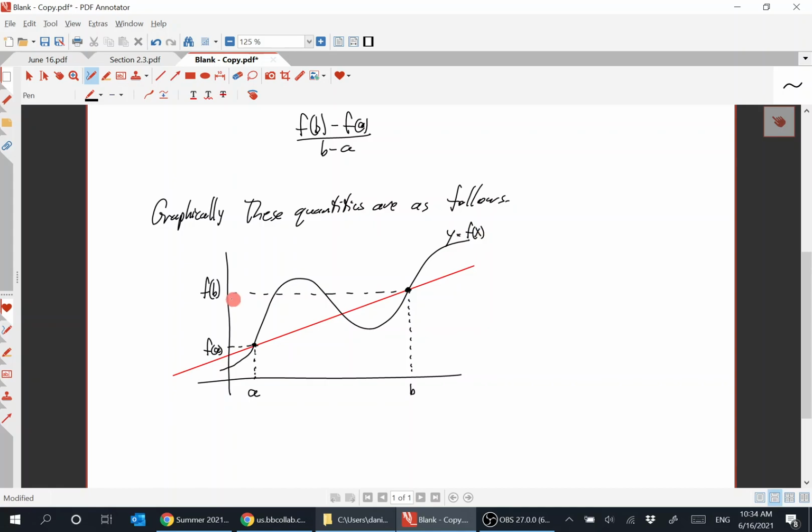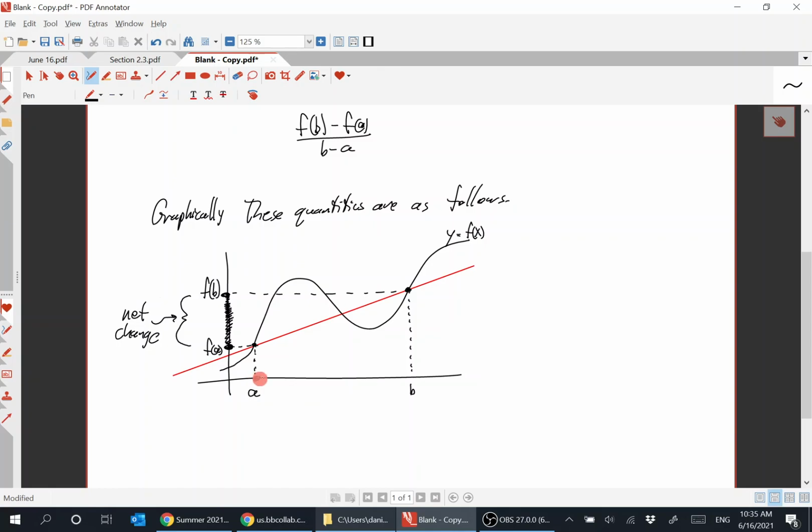Alright, so the total change is this length right here. So total change, or net change as they're calling it, is this length right here.